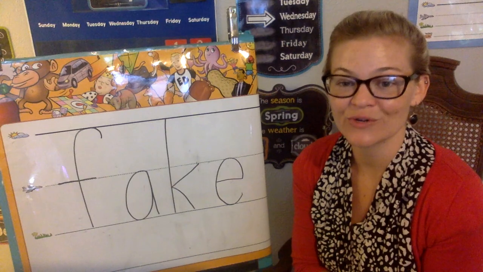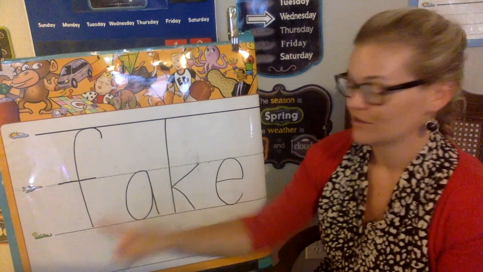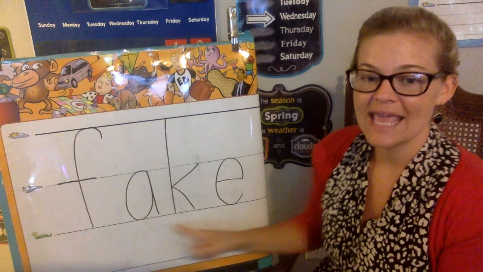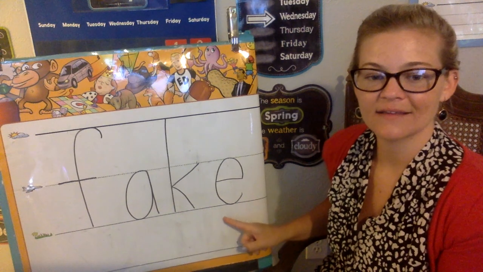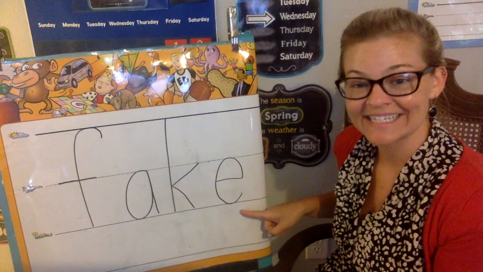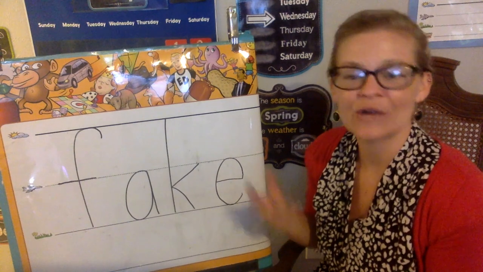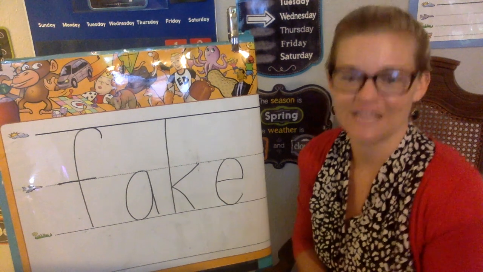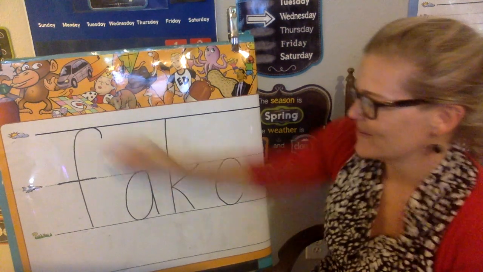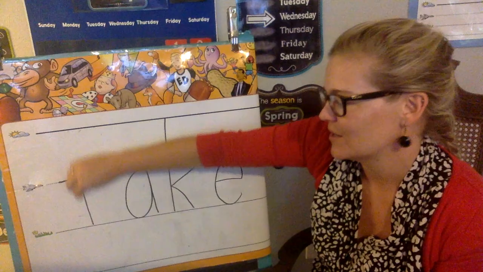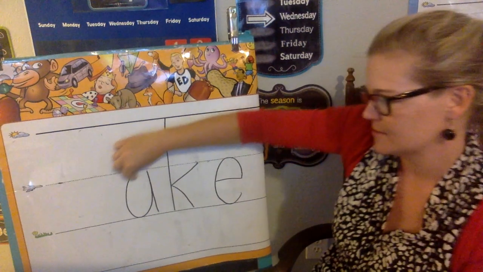Figure out what word you wrote. Fake. Like, it's not a real animal, it's a fake stuffed animal. Okay? All right, let's go ahead and erase all of our letters.